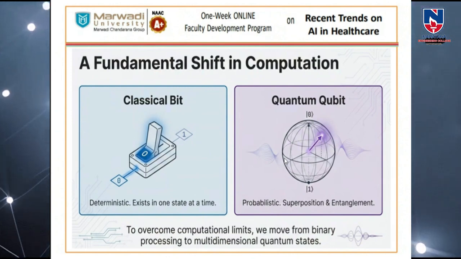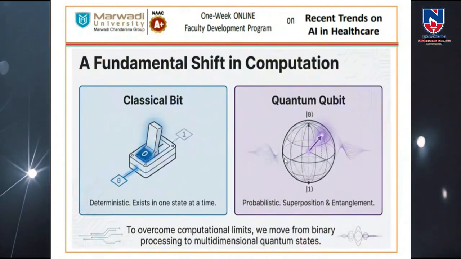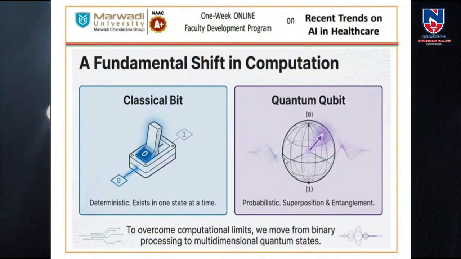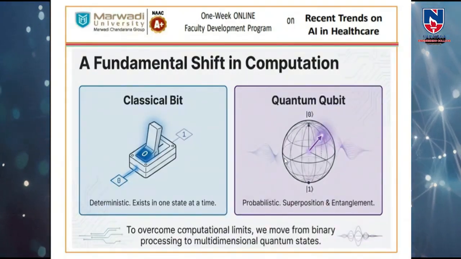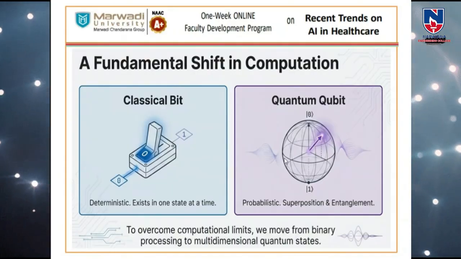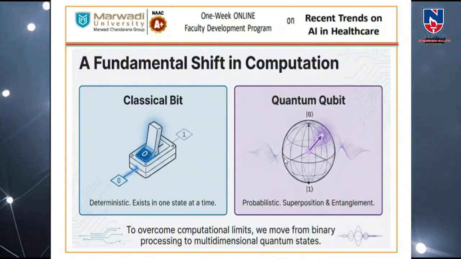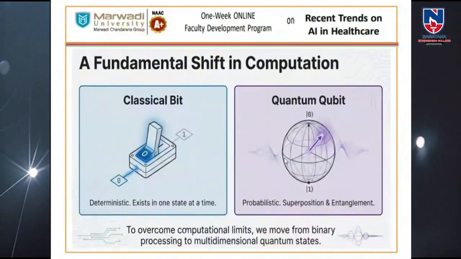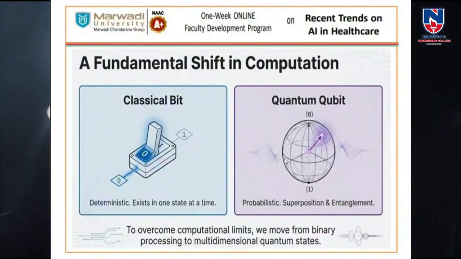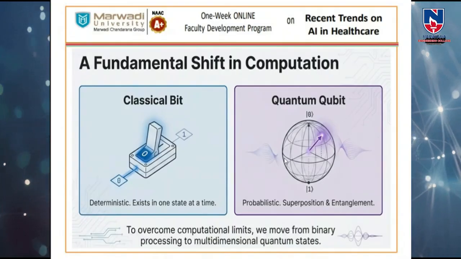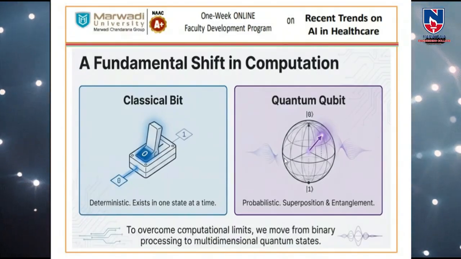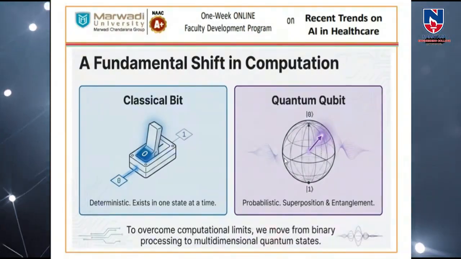That's called probabilistic. In quantum computing, of course, I'll cover the basic principles like superposition and entanglement. The output is probabilistic, unlike deterministic.